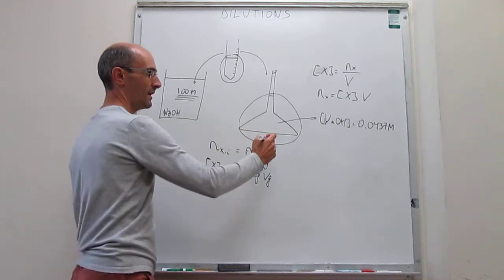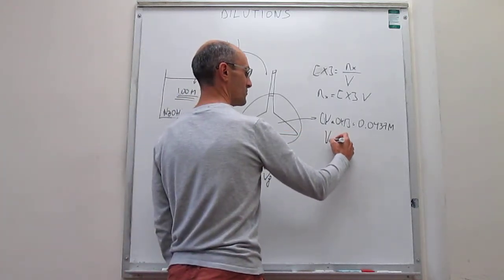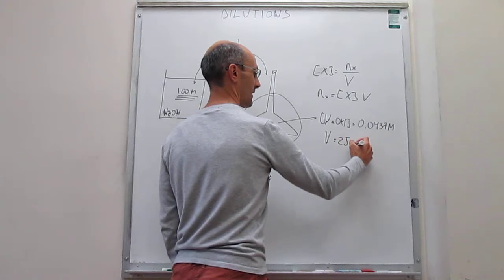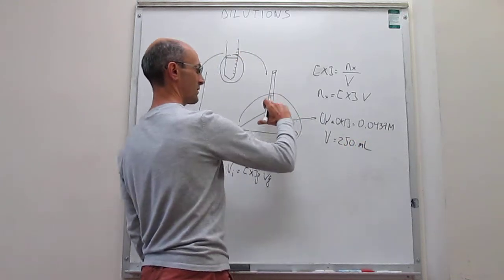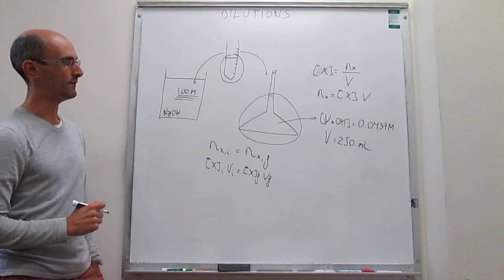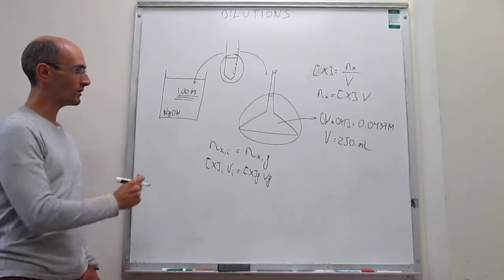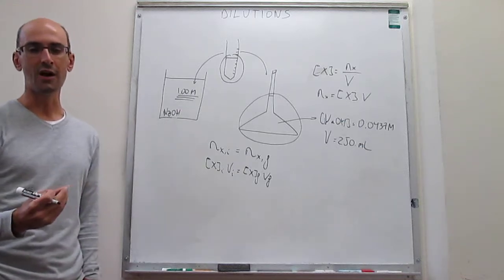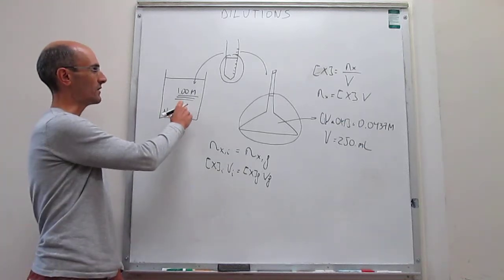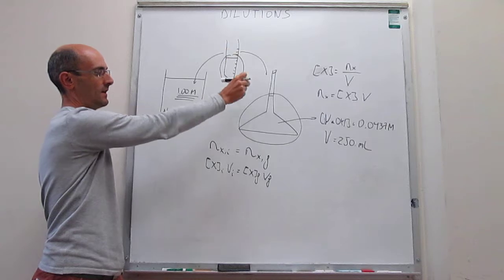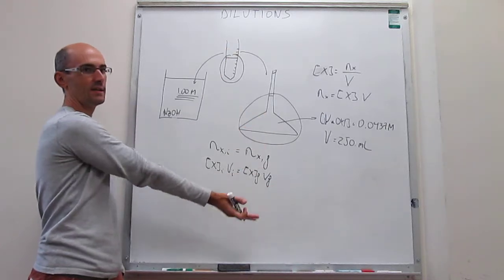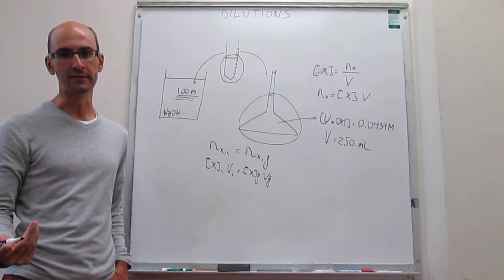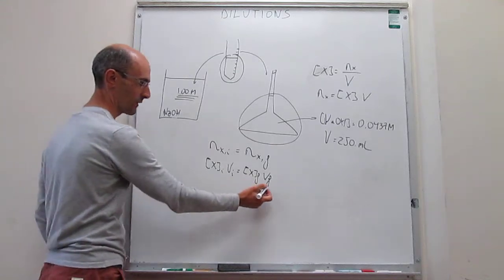The volume that we want is 250 milliliters, so this volumetric flask has a volume of 250 milliliters. We're going to use this stock solution, which is 1 molar sodium hydroxide. The question is, how much volume of the sodium hydroxide do I have to pipette out and put into this volumetric flask, and then add water up to 250 milliliters?